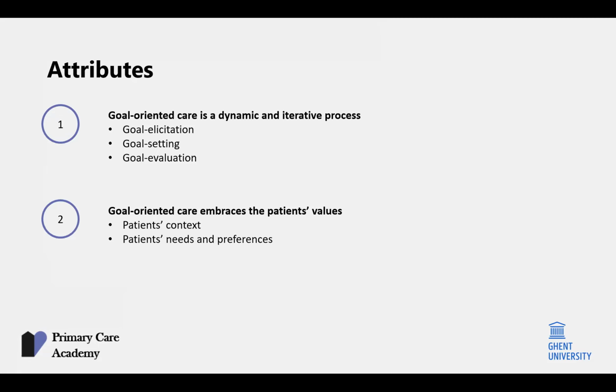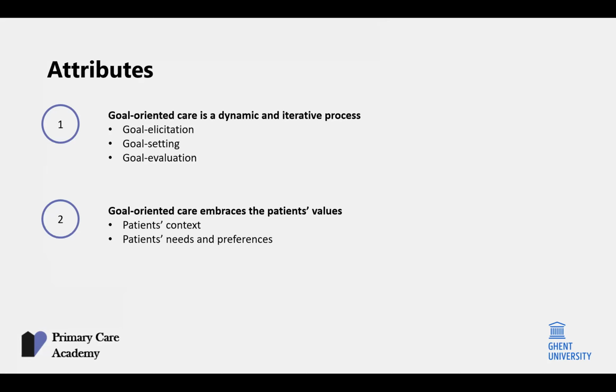We know from current research that in realistic settings this could seem like a too delineated process, and the different stages could not be identified. But the main message I want to give you today is that goal-oriented care is more of a philosophy of care that has to be taken into account when providing care to patients or when organizing a new healthcare approach, instead of checking if all phases could be identified.